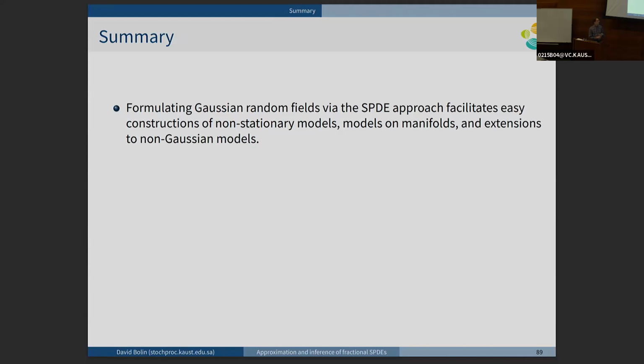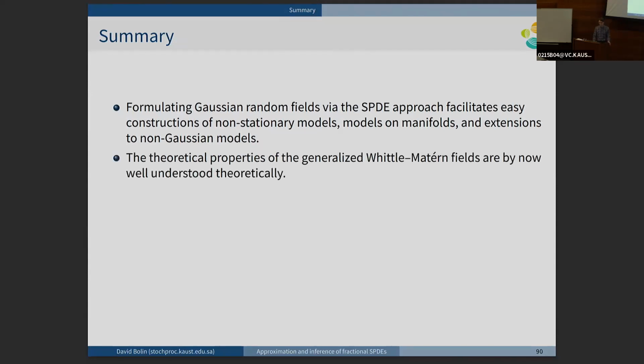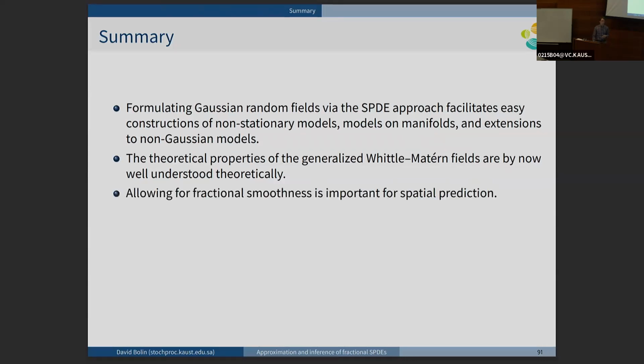We can do generalizations to models on manifolds, and also to non-Gaussian models easily, essentially by replacing the Gaussian noise with some non-Gaussian noise. By now, we understand the theoretical properties of these generalized Whittle-Matérn fields quite well. In particular, we know that if you want to do kriging, allowing for this fractional smoothness is really important.